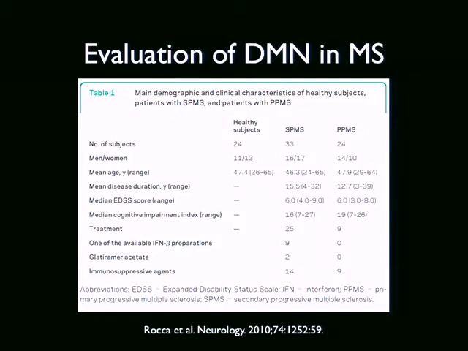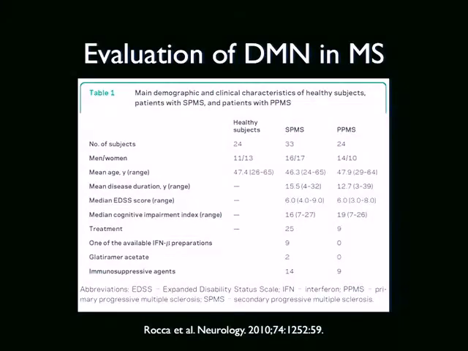So another group looked at the default mode network in MS, specifically in progressive patients, as opposed to the previous study that just looked at patients with relapsing MS and clinically isolated syndrome.